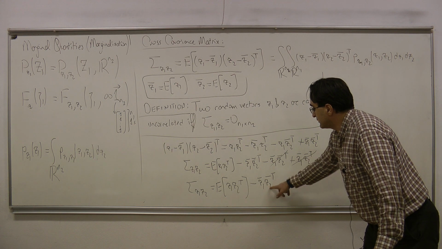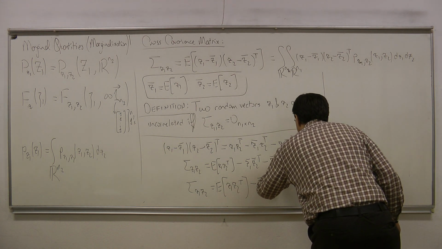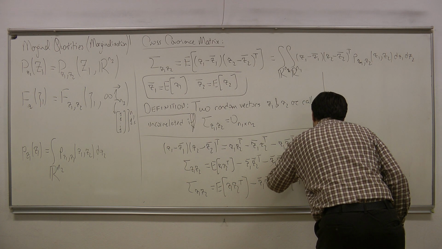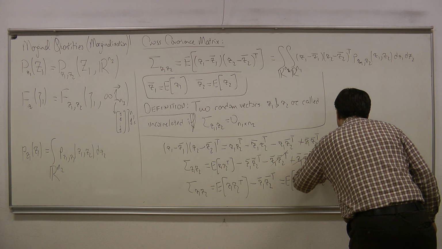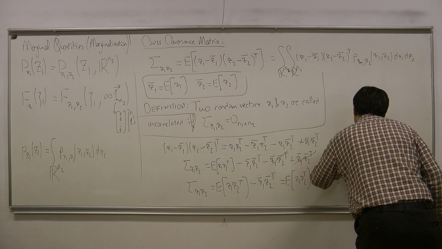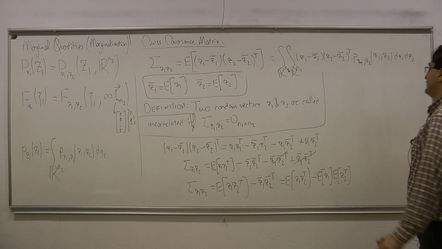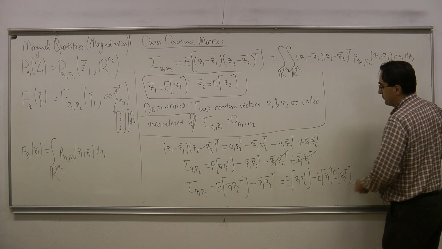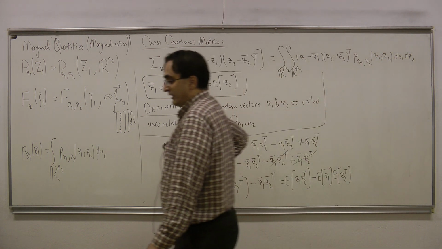And these are nothing but the individual expectations of Z1 and Z2. So this is equal to the expected value of Z1 Z2 transpose minus the expected value of Z1 times the expected value of Z2 transpose. Okay? So we see that there is an expectation of the multiplications, and then the multiplication of expectations is subtracted from that.